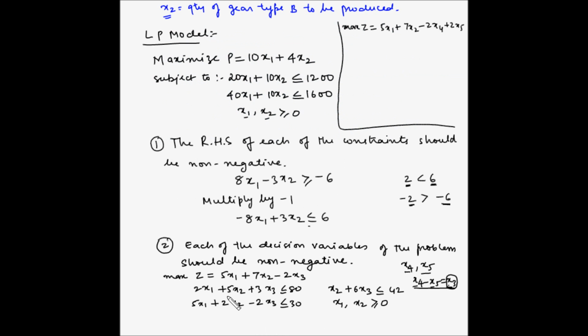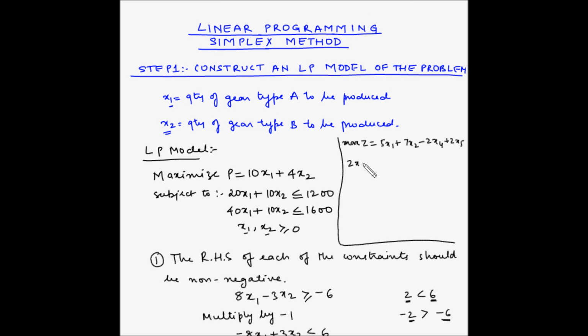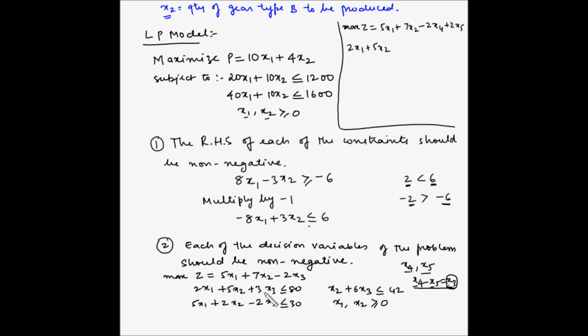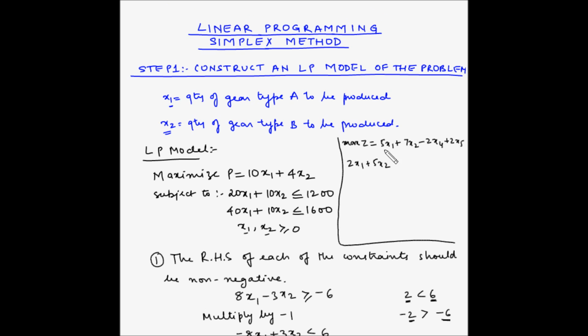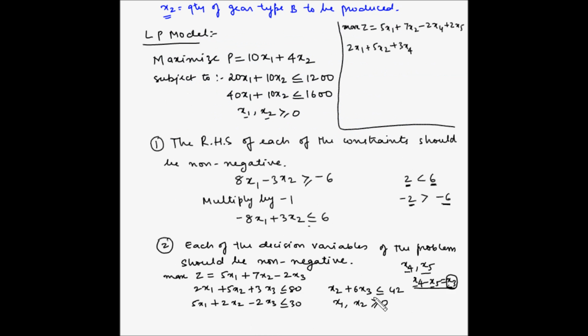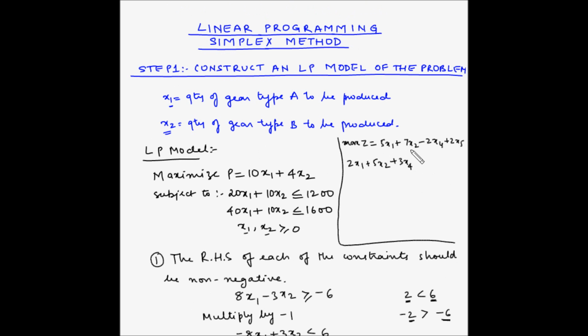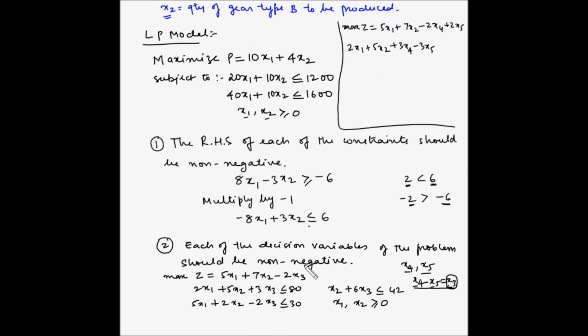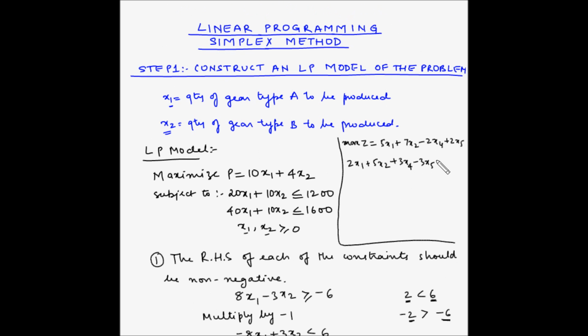Now the constraints. 2x1 plus 5x2 plus 3 times x3. So this becomes plus 3 times the bracket x4 minus x5. So this becomes plus 3x4 and then minus 3x5 is less than or equal to 80.